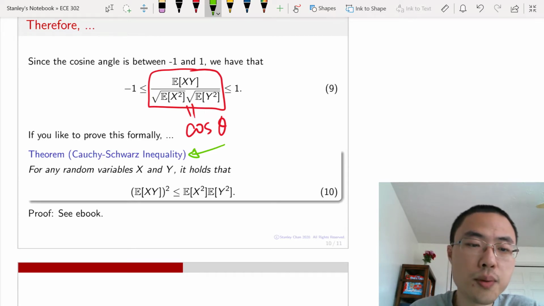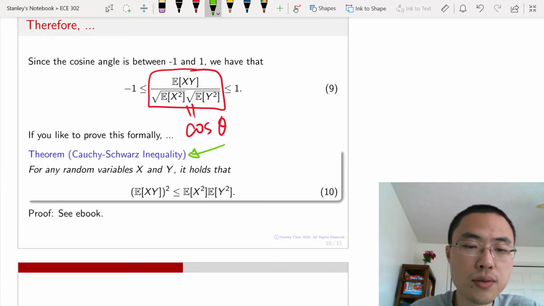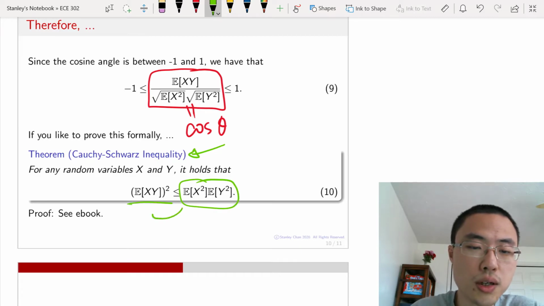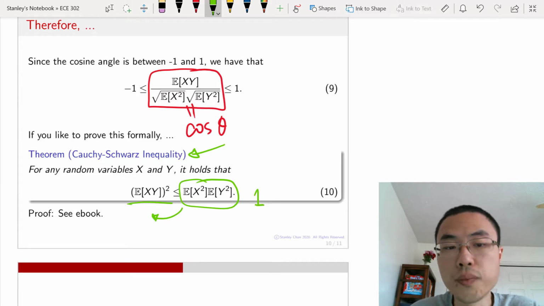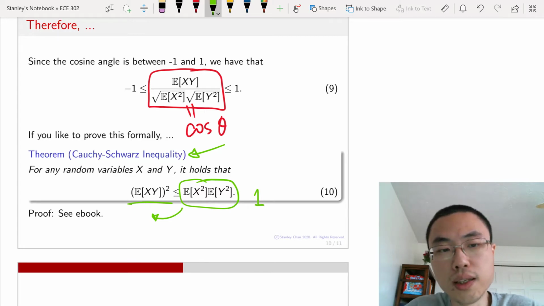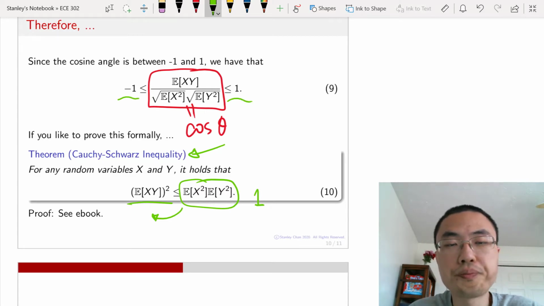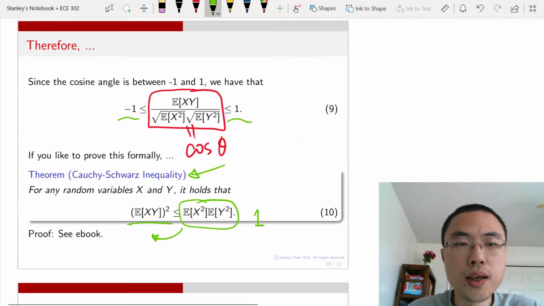Now, if you can prove this Cauchy-Schwarz inequality, then you can just move this term into the denominator. Then you have this thing squared, which is less than or equal to 1. Then you remove the square sign, and you'll be able to prove the other side, which is -1. Okay, so this is the Cauchy-Schwarz inequality. It is a very useful inequality.